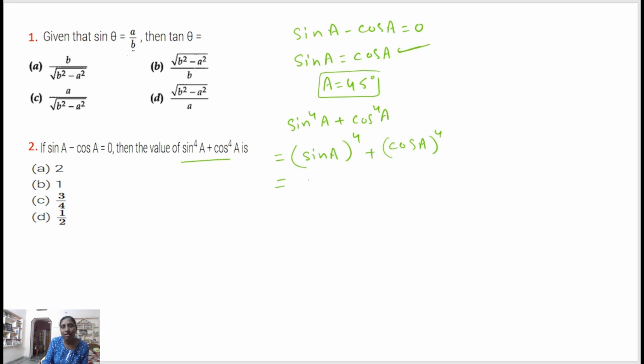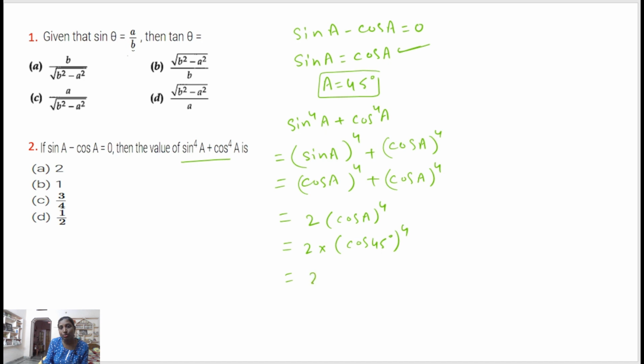So I can write it (cos a) to the power of 4 plus (cos a) to the power of 4. It means 2 times (cos a) to the power of 4. What is a? 45. So 2 into cos 45 to the power 4.